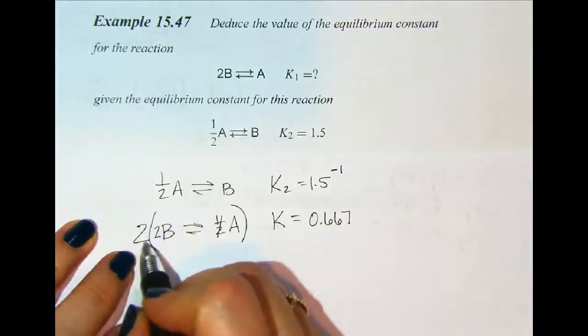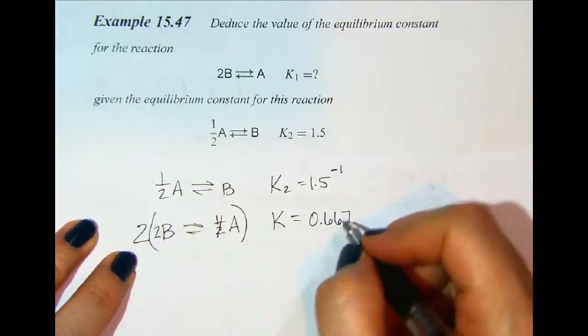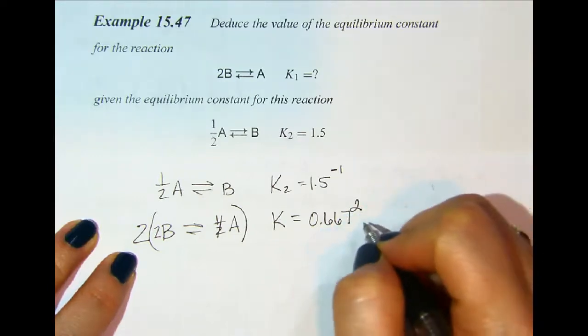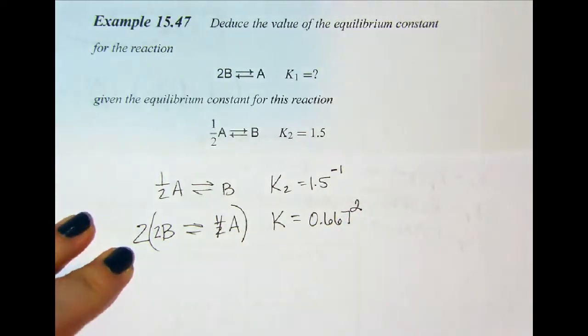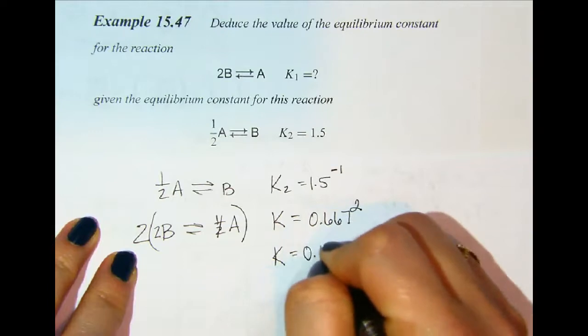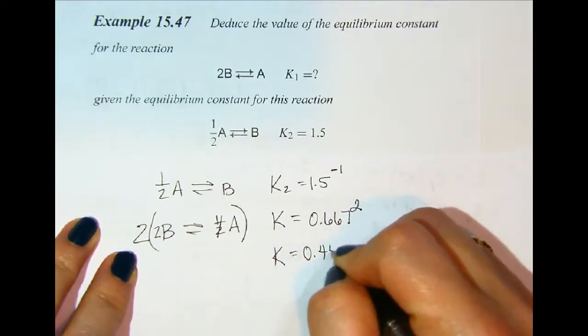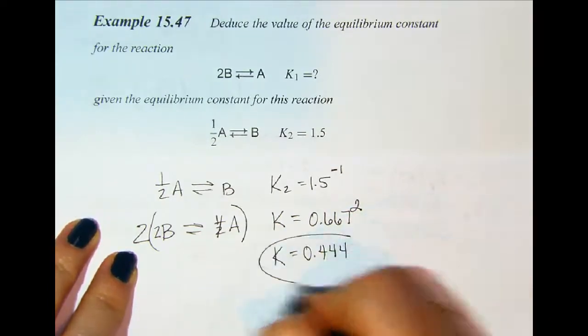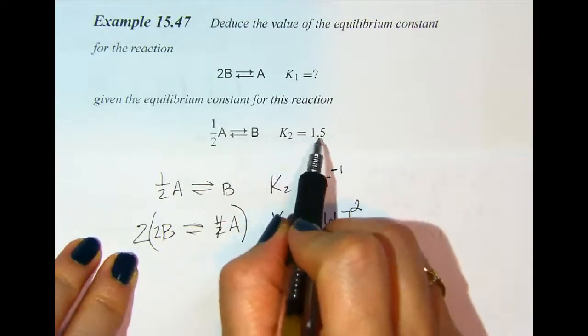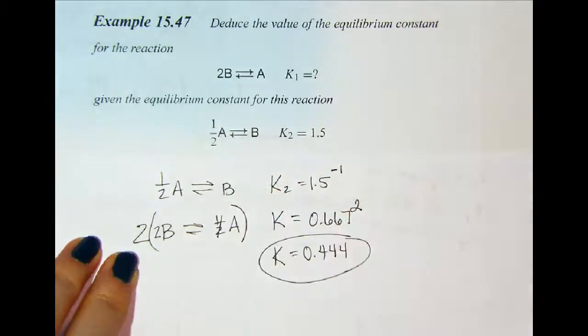So because I'm multiplying this by 2, that means I want to raise this K to the power of 2, or square it. So I'll take the 0.667 and square that value, and I get a K equal to 0.444 repeating. And so that would be the K for this reaction based on this equilibrium constant for this reaction.